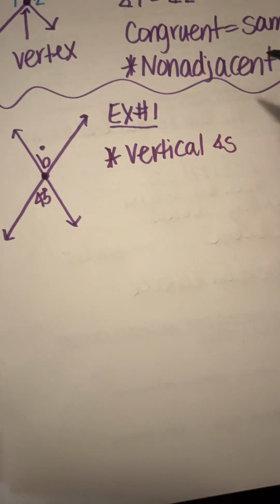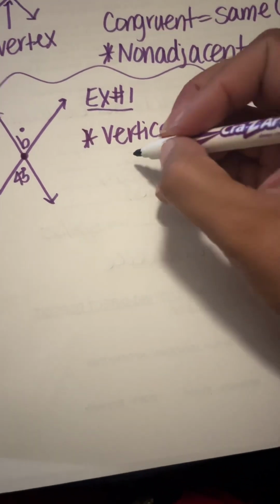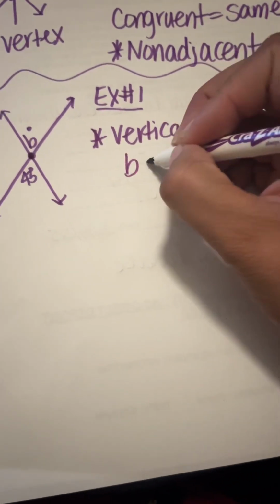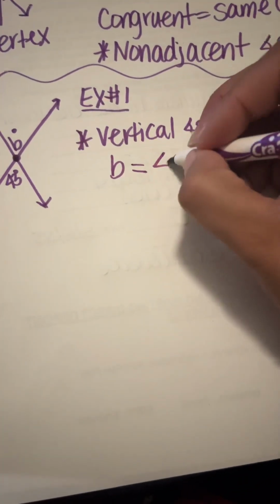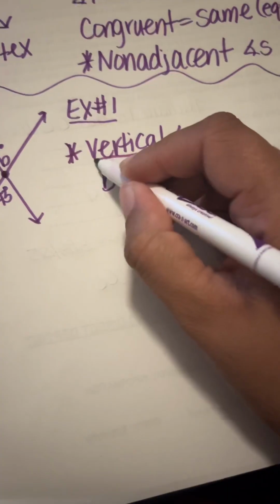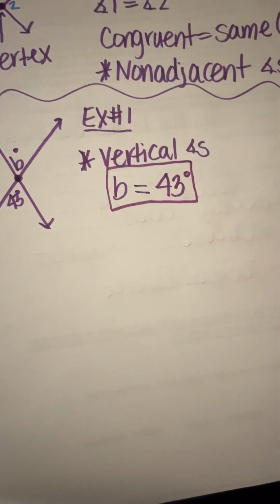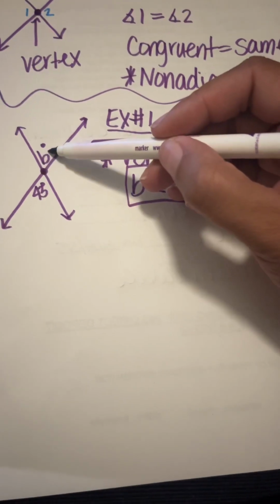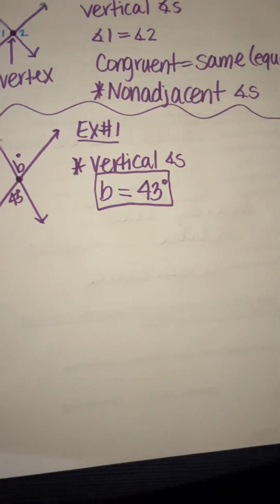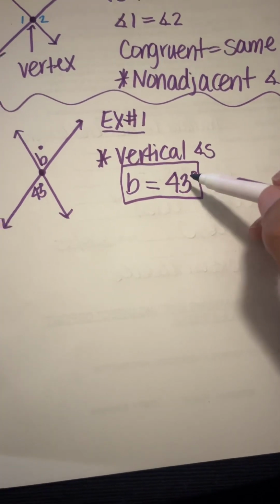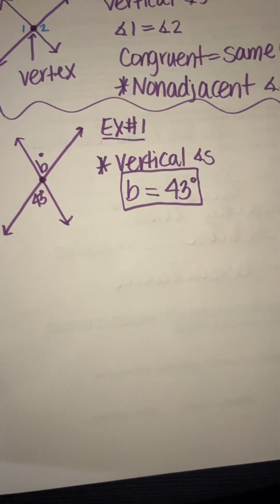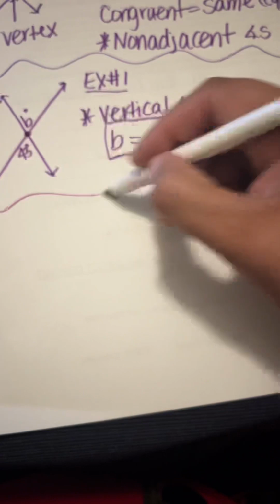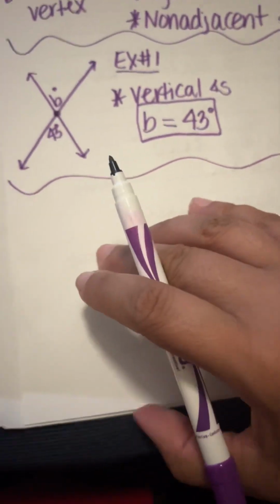They are congruent. So B is equal to 43 degrees. This doesn't require much work. As long as you know the relationship between the angle B and its opposite angle, they are congruent. Let's do another example.